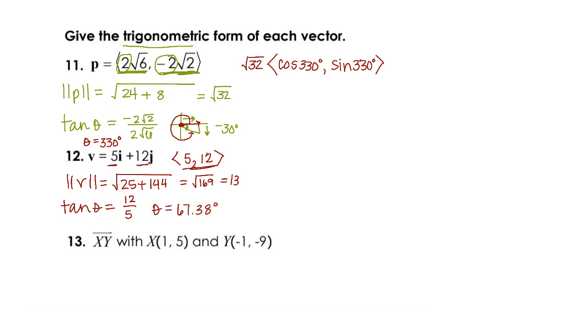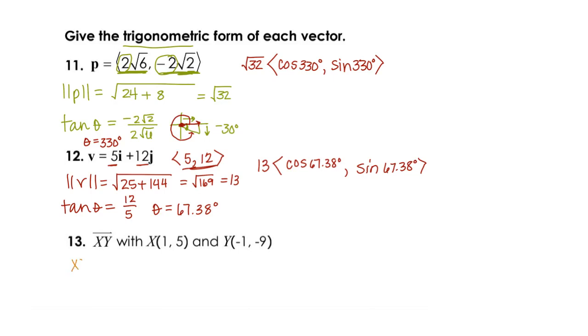So we have our magnitude, which is 13, times, and then we're going to have cosine of 67.38 degrees, comma, sine of 67.38 degrees. All right, and so now we're going to number 13, and this one I would change it to component form before I do anything else, just because it's a little easier to work with.